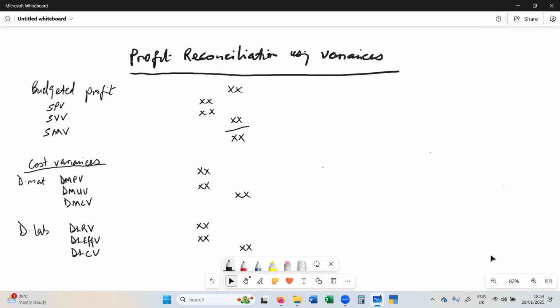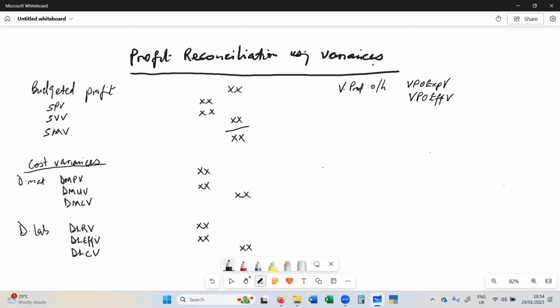All right. So then we can continue with variable production overhead. So that one too, we start with variable production overhead expenditure variance, variable production overhead efficiency variance.